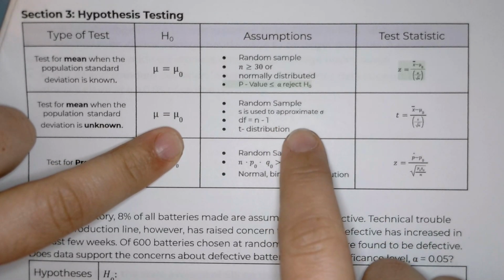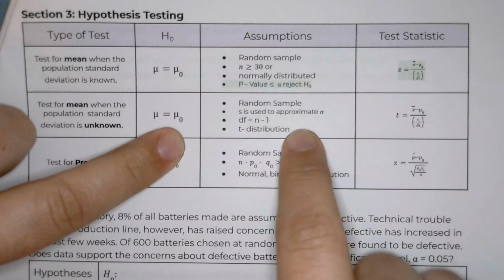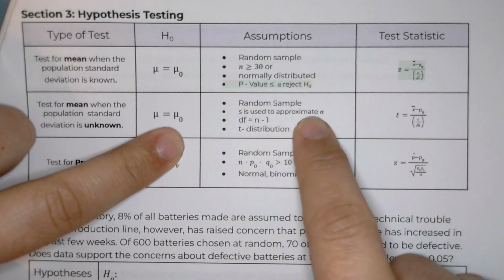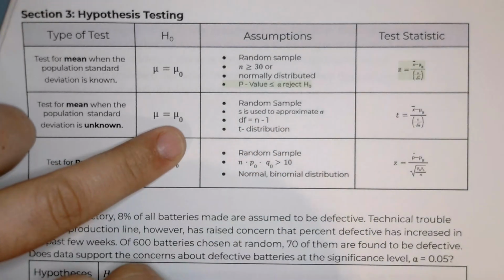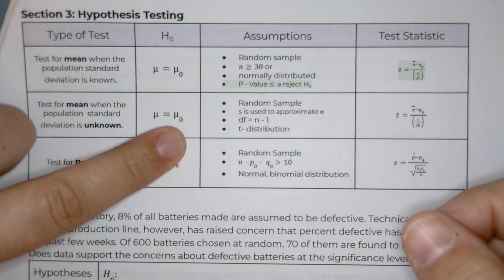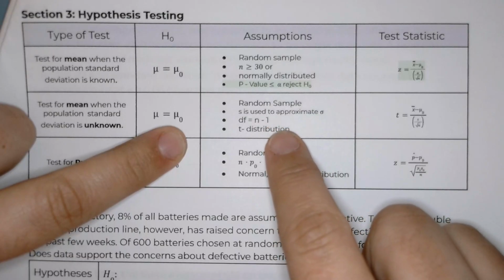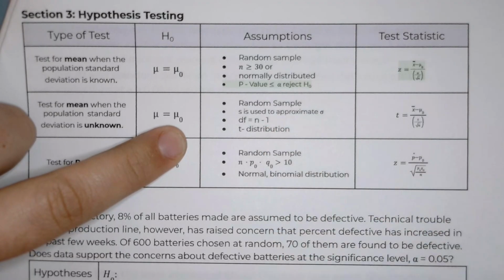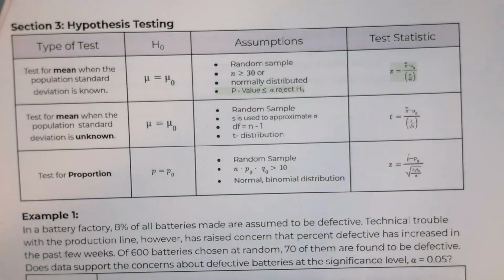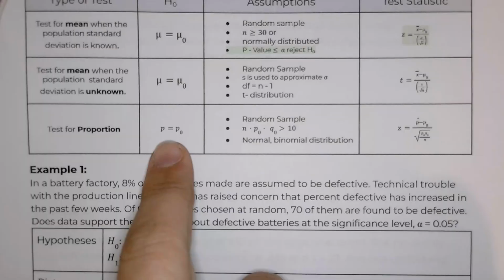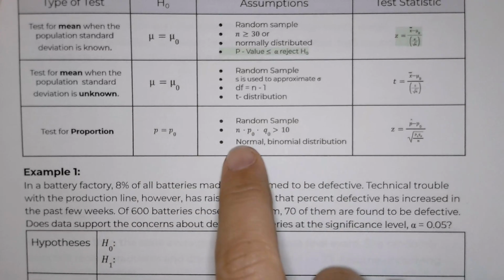We'll assume that it's approximately normal, so we can assume s is approximately sigma. The sample is approximately the population. We're going to use n-1 degrees of freedom. The sample size on this one doesn't have to be greater than 30 as long as you can assume that it's normally distributed.